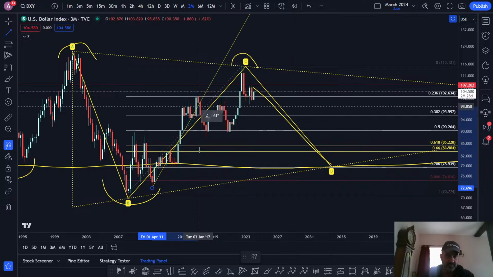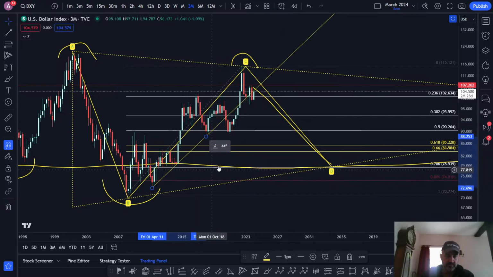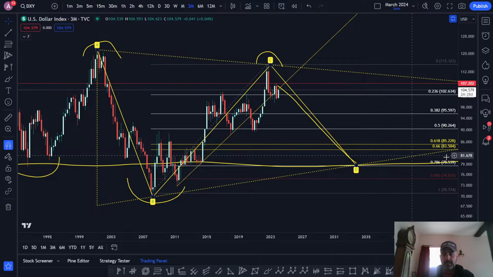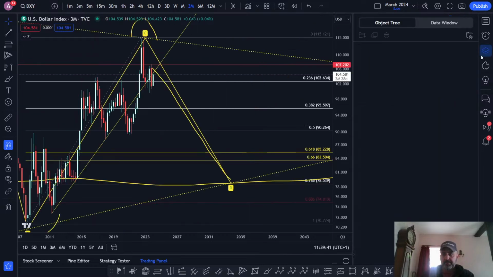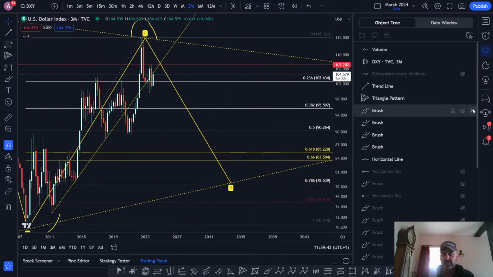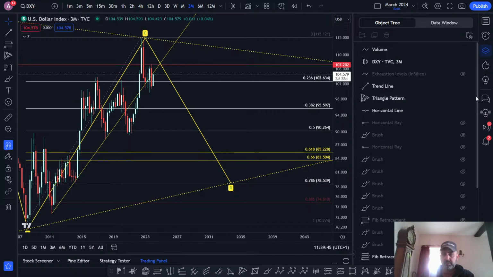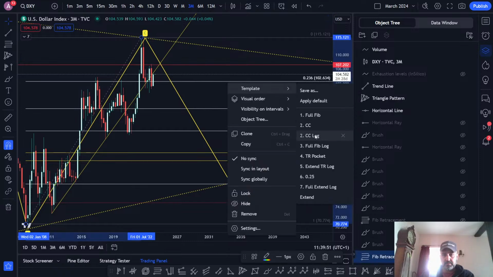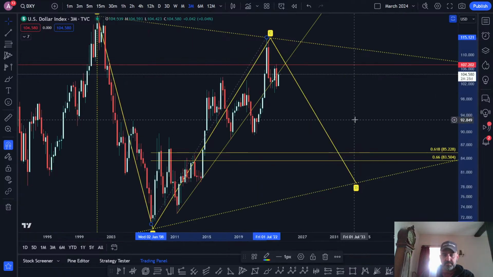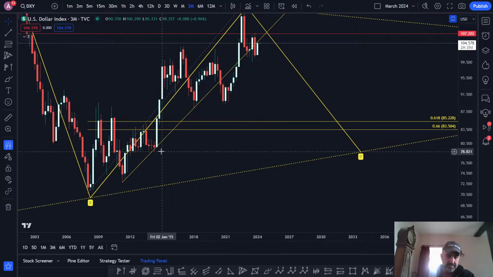And we've lost that as well in the higher time frame. Let me hide that brush stroke. Let me just change that to Golden Pocket. Do you see there's a trend line there?